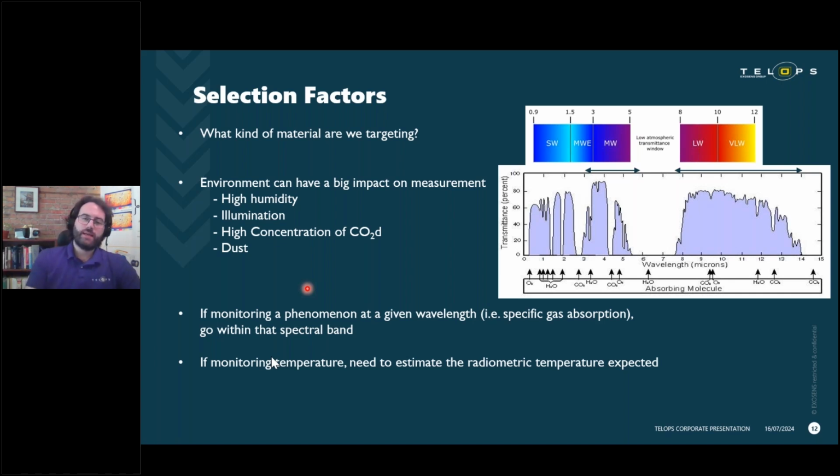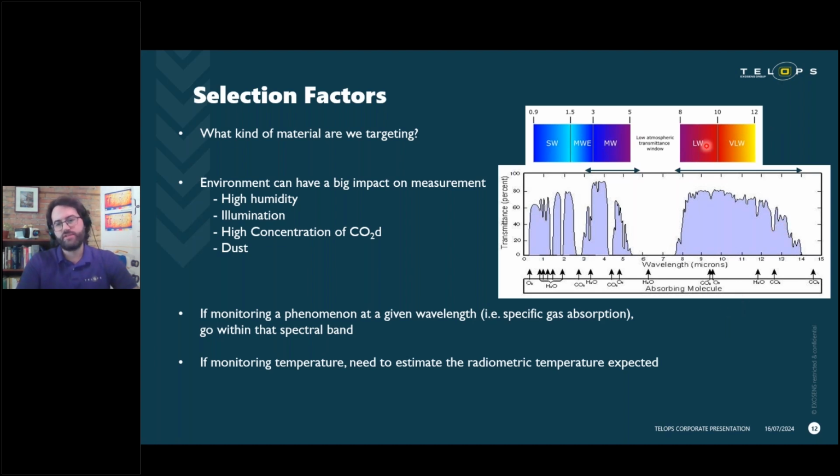If you're really looking at a temperature measurement, you have to take into consideration all those radiometric factors. Having a rough idea of whether the expected radiometric temperature is very high or very low will indicate which spectral band you would probably have to go to.